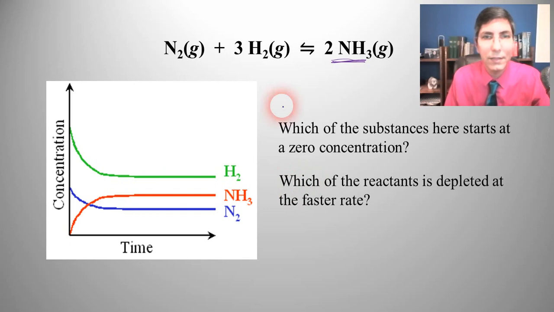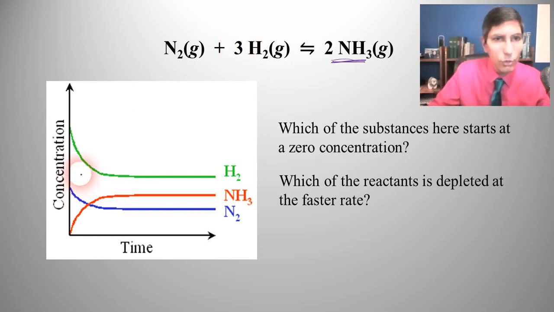Now, which of these reactants, nitrogen and hydrogen, is used up or depleted at the faster rate? Well, if you look at them on the graph here, you can see that the slope of the hydrogen is much higher, it's going down a lot faster than the nitrogen is.